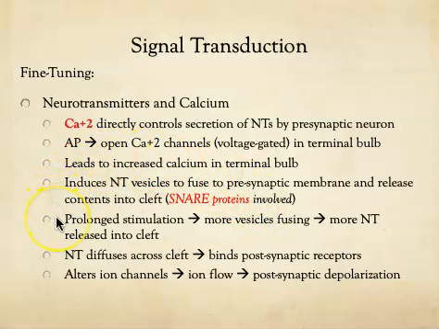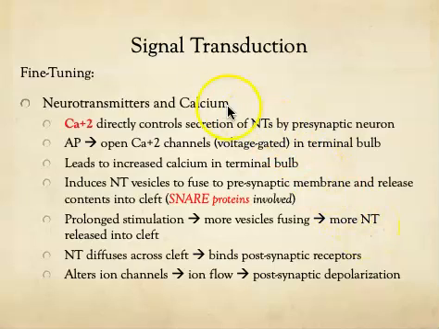It's interesting that neurons that undergo prolonged stimulation, so multiple action potentials coming down that terminal branch, will lead to more and more and more vesicles fusing with the presynaptic membrane. So more and more and more neurotransmitter being released.